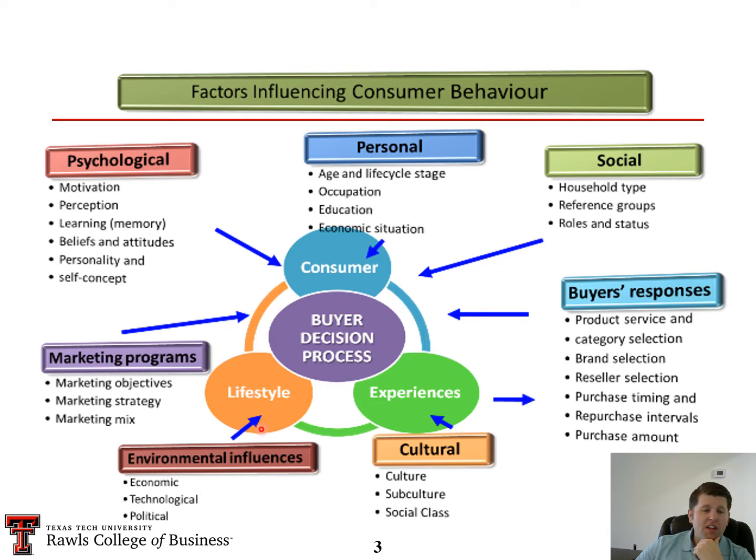We have some of the situational influences based on the environment, our social aspects, some personal things that could impact our buyer decision processes, different culture aspects, and then a buyer's response to all of these things.